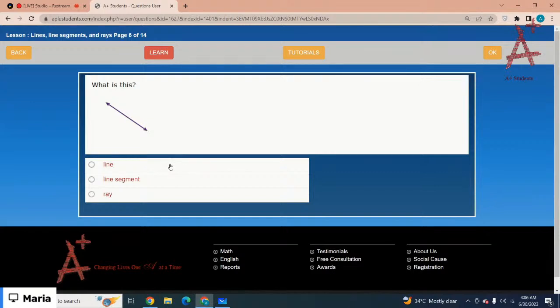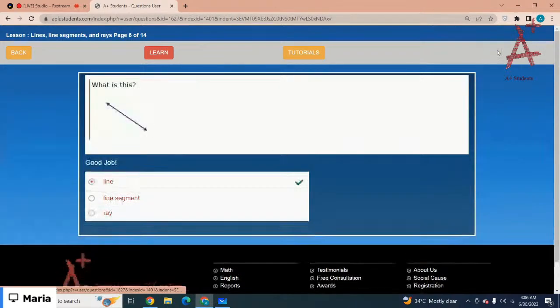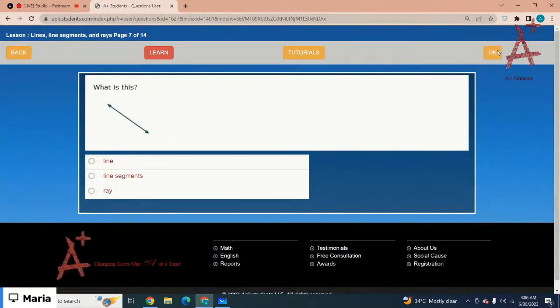The correct option is line. Okay, what is this? It is the line.